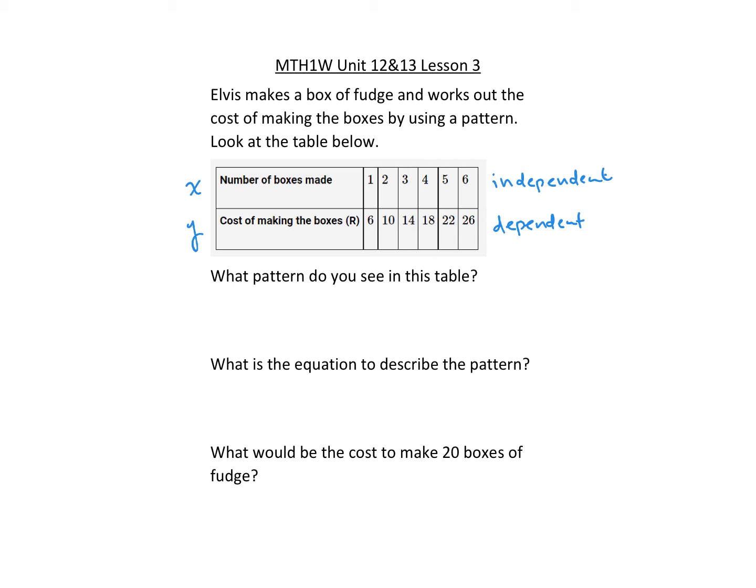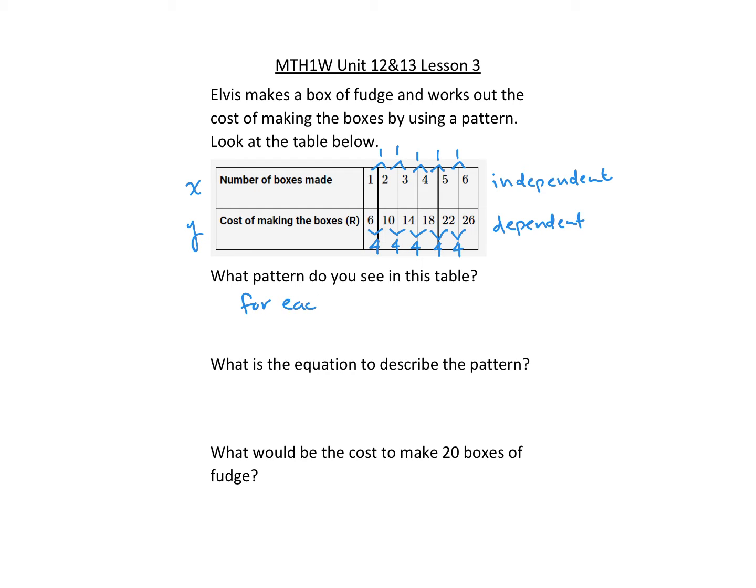Well, we can look at how the Y value is increasing. So if I go from $6 to $10, I've increased by $4. If I go from $10 to 14, I've increased by 4, 14 to 18, increased by 4, and so on. So every time I make one more box, so as my X value increases by one more box, my cost increases by $4.